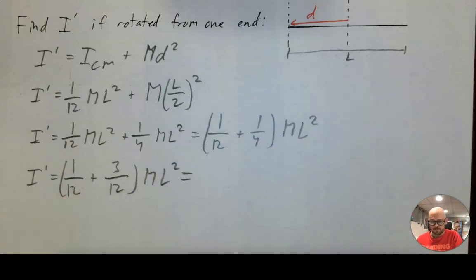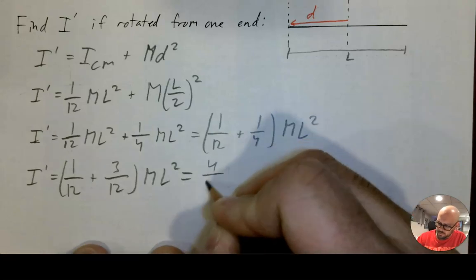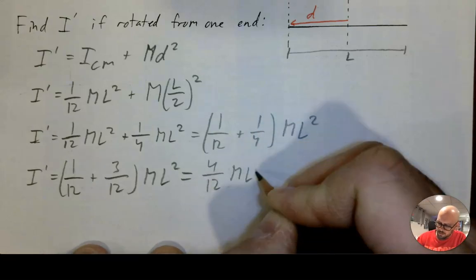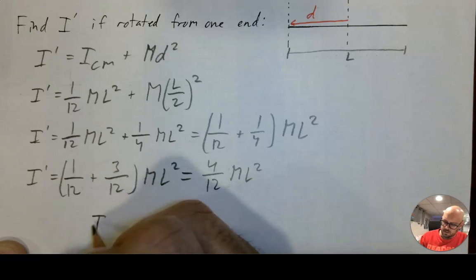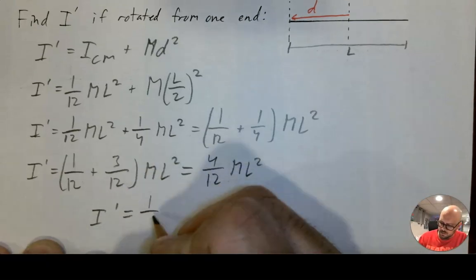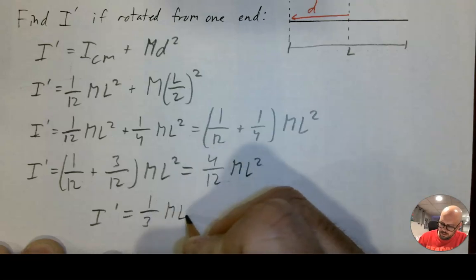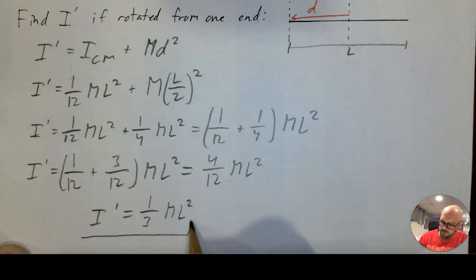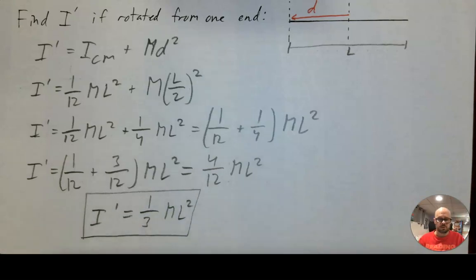Now I can add the numerators. That's going to give me 4/12 mL squared. I can reduce that fraction, and so the new rotational inertia is 1/3 mL squared. And so that is the new larger rotational inertia based on the new location of the rotational axis.